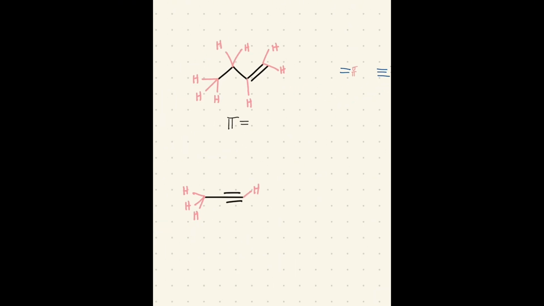The second one is a pi bond. In a triple bond, the first bond is a sigma bond, but the second and third one are both pi bonds. Okay? So back to this.